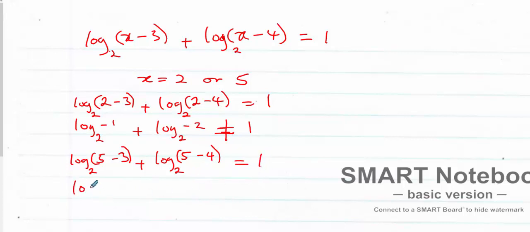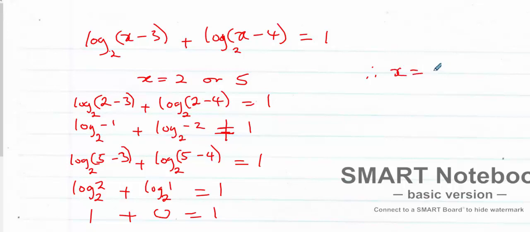So this is going to be log 2 base 2 plus log 1 base 2 equal to 1. So log 1 base 2 is 0. Log 2 base 2 is equal to 1. This is going to be 1 plus 0 equal to 1. So which means this one satisfies the condition. Therefore, x is equal to 5. So we can conclude that our x is equal to 5.